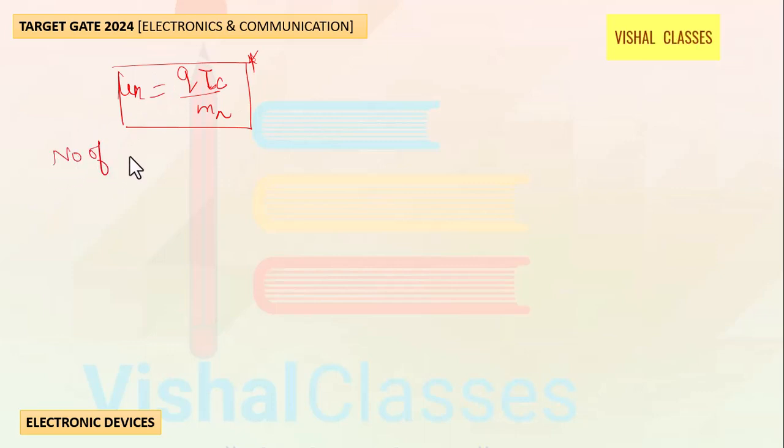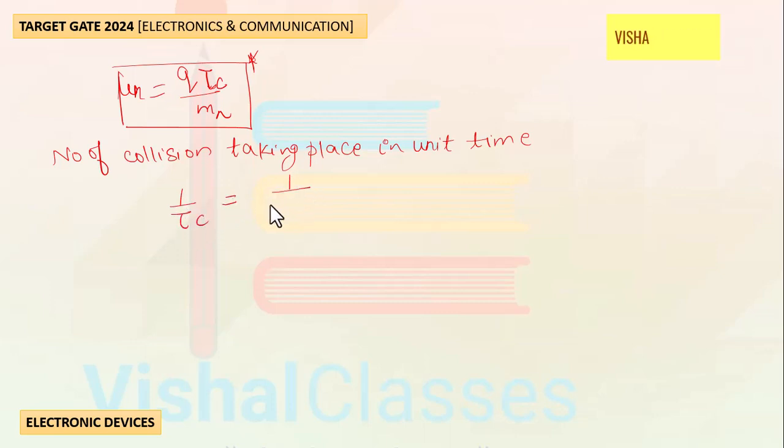Number of collisions taking place in unit time: 1 by tau c is equal to 1 by tau c lattice plus 1 by tau c impurity scattering.